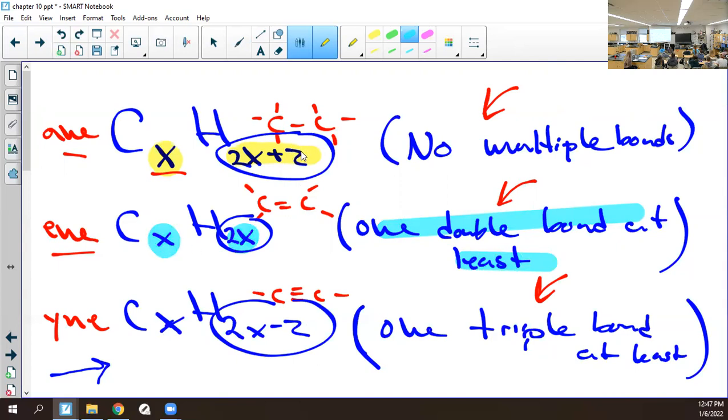We don't have the plus 2 because we now have the double bond, which removes a bond from each carbon because they're bonded to each other. Then more rare are alkynes, YNE, which have a triple bond. That removes 4 total hydrogen bonds that could have happened, so now it's CxH2x minus 2.